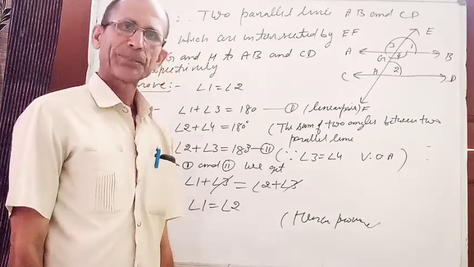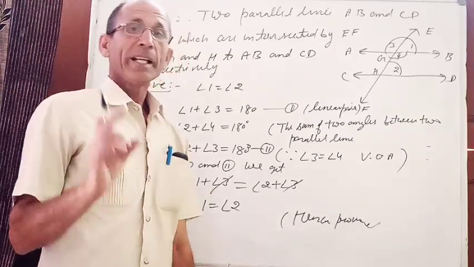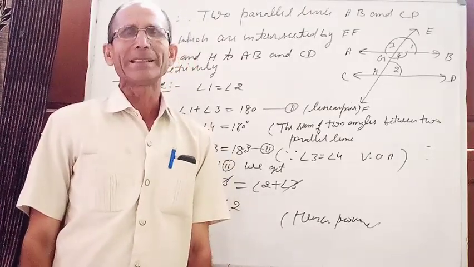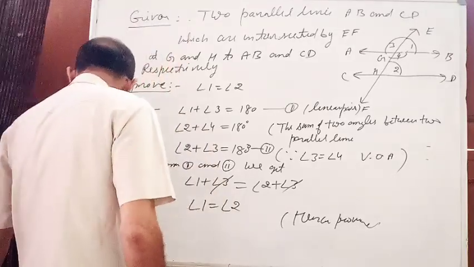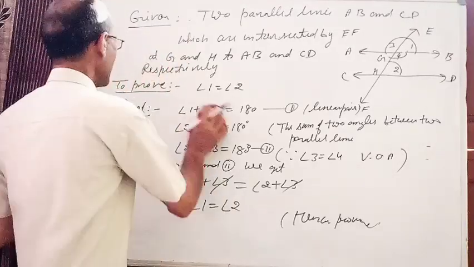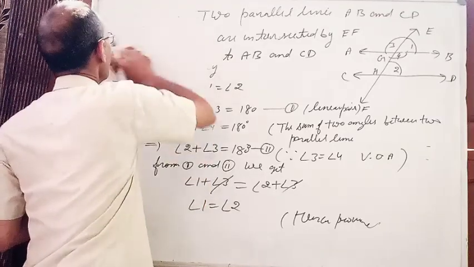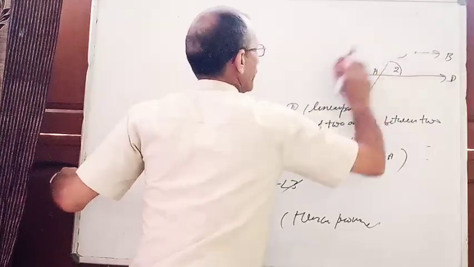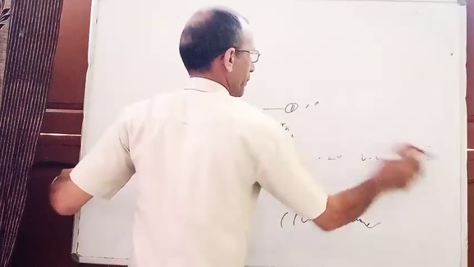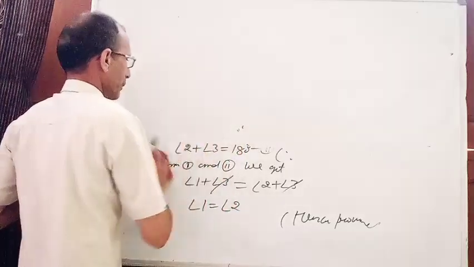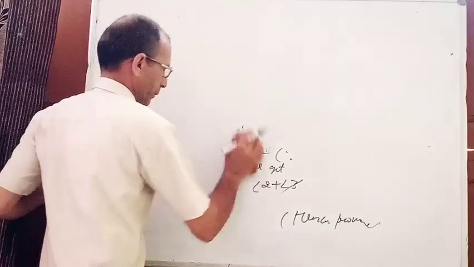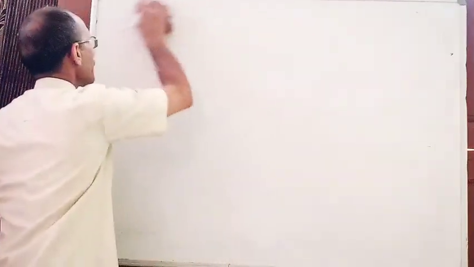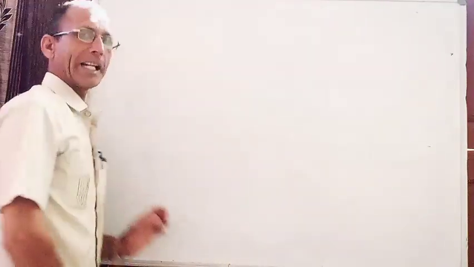Now the next theorem. If two parallel lines are intersected by a transversal, then prove that alternate interior angles are equal. Alternate interior angles. What is the statement?